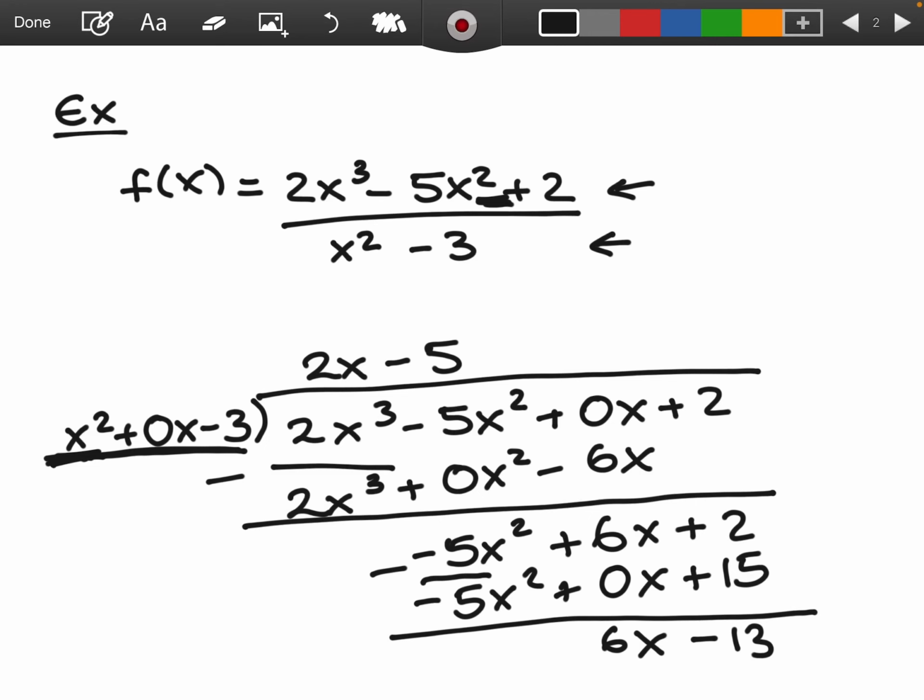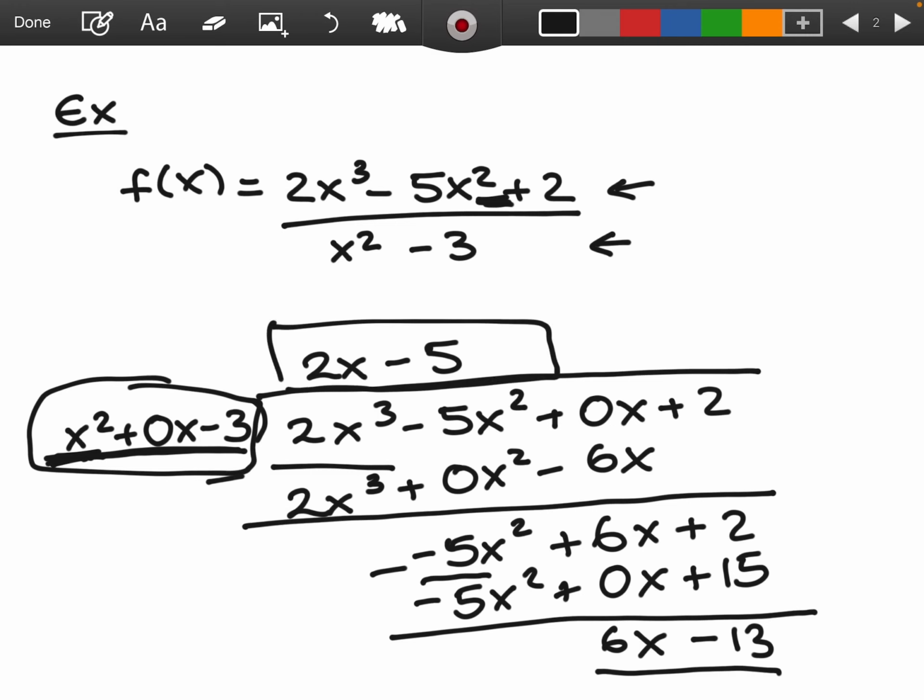Now, there is no number that doesn't include a fraction that I can multiply x squared by to get to 6x. That would involve some division. So I know that I'm done. Whenever the degree of the polynomial down here is less than the degree of the polynomial that you are dividing by, you know that you're done.